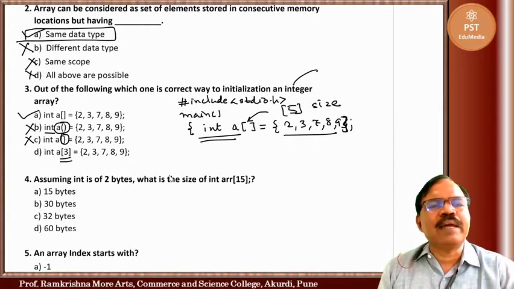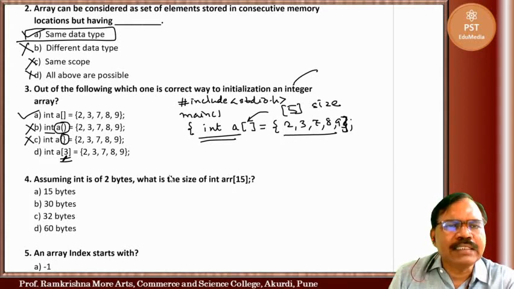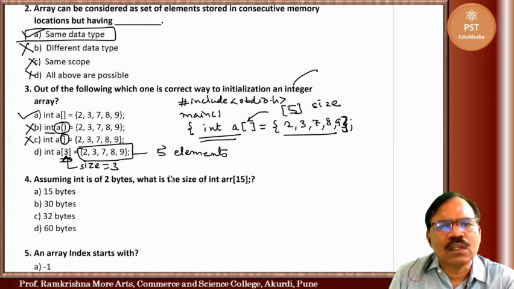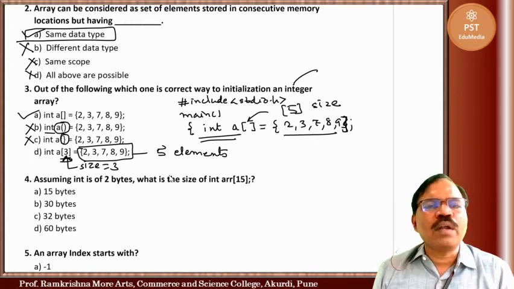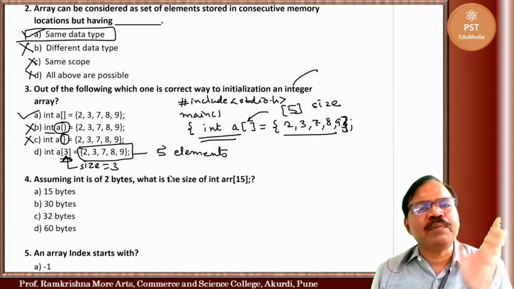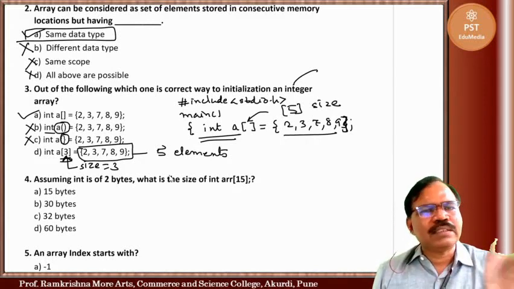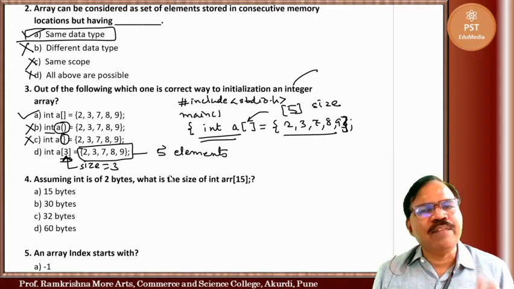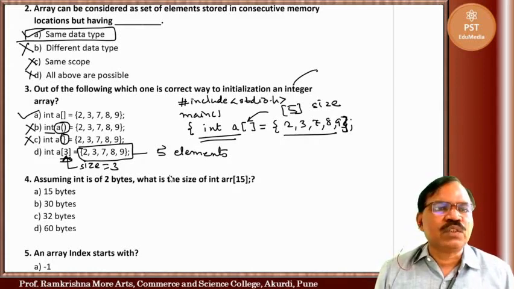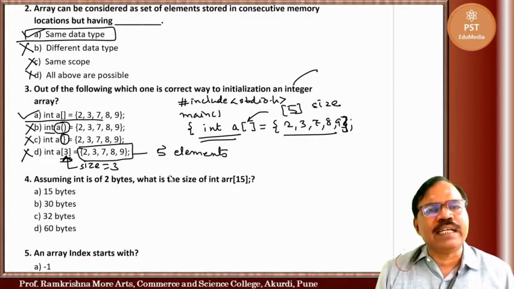Here square bracket is used, but size is 3, but elements given are 5 elements. So you cannot give more elements to the array than its size. If size is 5 and if you give 3 elements, no problem, first 3 will be occupied and remaining will remain vacant. But you cannot give more elements when size is less. So this is also not correct. So here first one is correct.